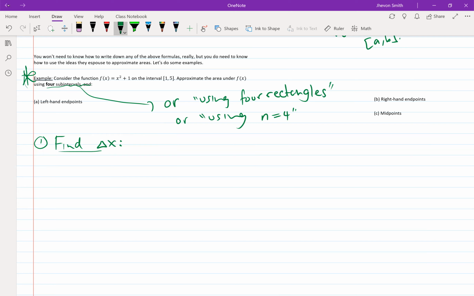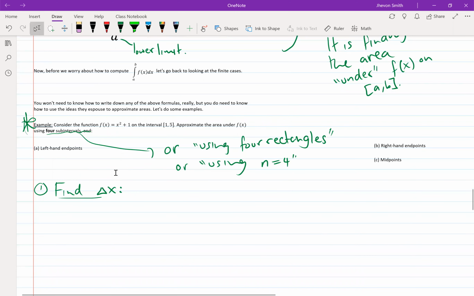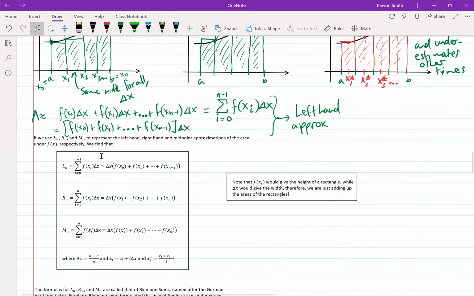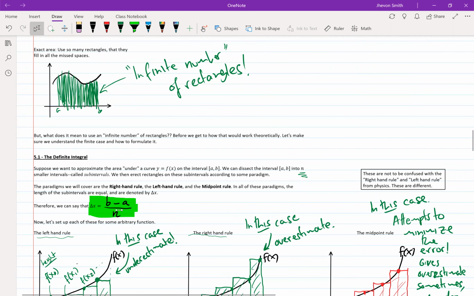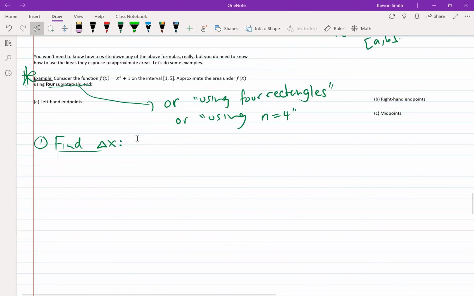So remember what I told you delta x is, and this is actually one of the forms that you do need to know. The one here that I highlighted, you are going to need to know that delta x is b minus a over n. So in this case, the interval here is 1, 5. Of course, this is a, this is b, and we know that n equals 4.